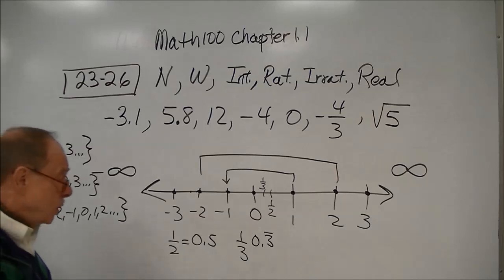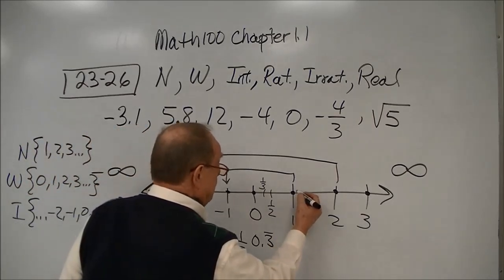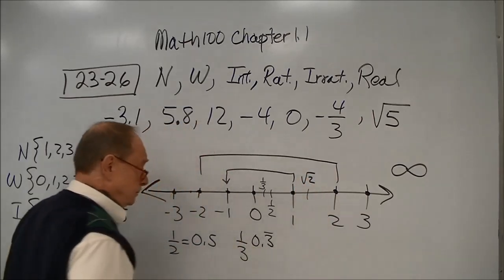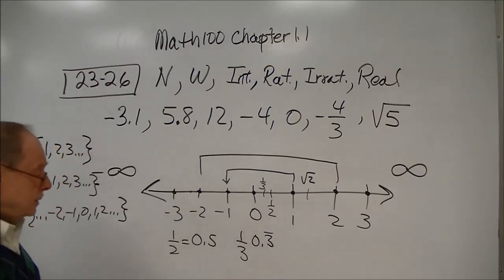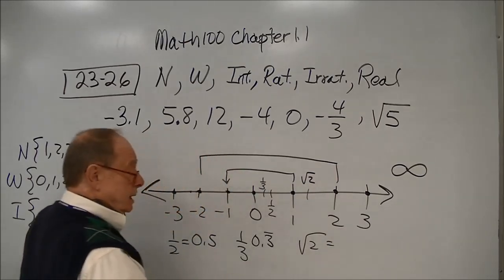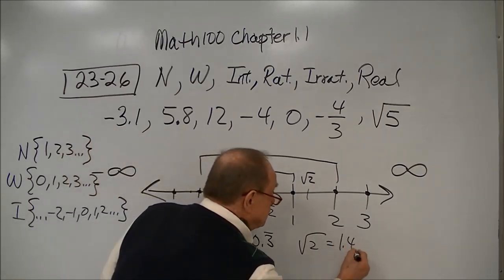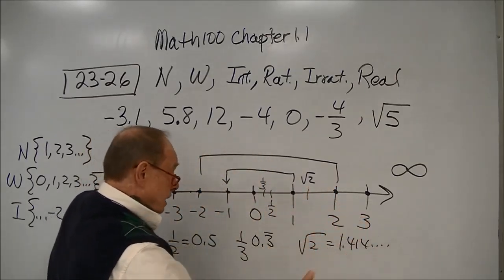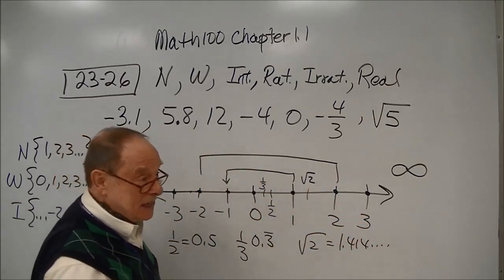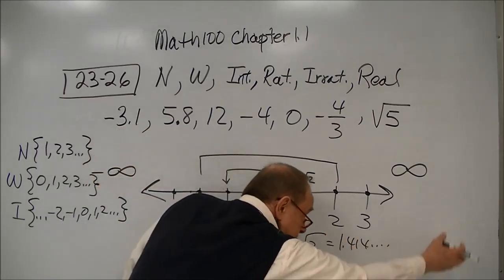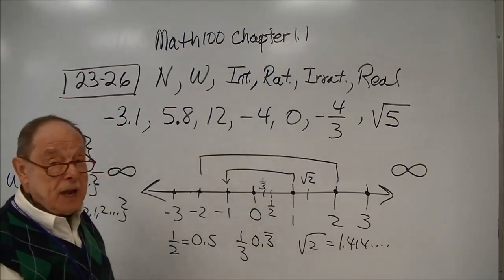Now we also have one other number, well, there's a couple of them, of course, right about here, which is the square root of 2. Now, the square root of 2, if we convert that to a decimal, doesn't terminate. On your calculator it does, because it always estimates it. But in real life, if you kept checking it out, it would keep going on and never end.